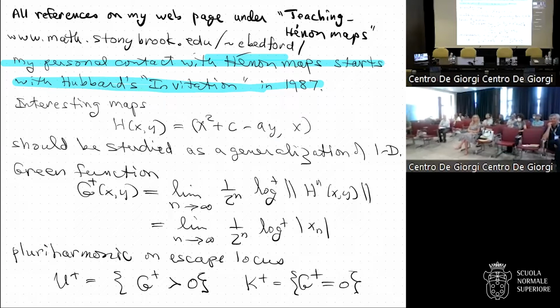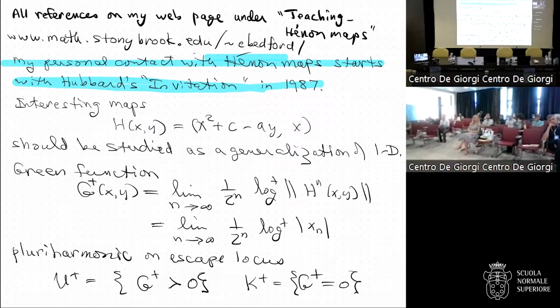And so let me just go back historically here. My own connection with complex Henon maps goes back to 1987, when I happened to be in Paris visiting Nessim Sibony, and Hubbard was coming along. He was going around and telling everybody, I've got these great things.